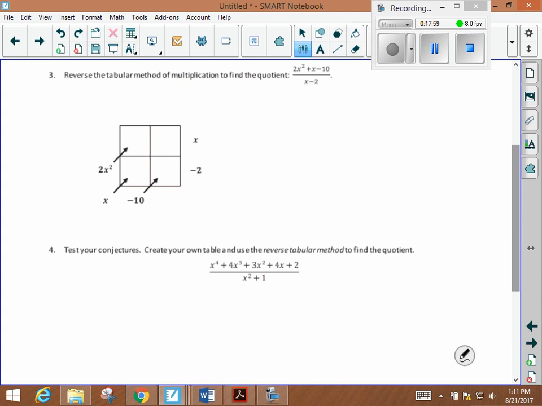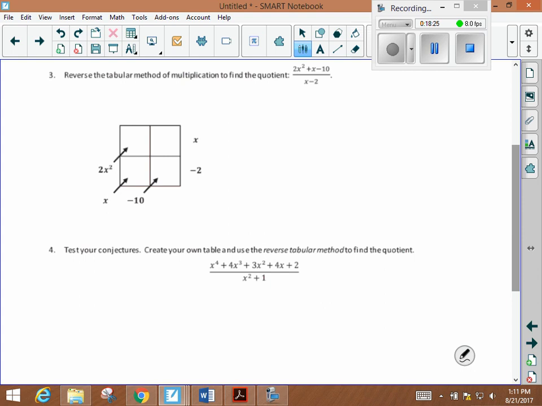All right, so let's do another example. We're going to find this quotient. I'm always going to start by writing my numerator along the outside, and then my denominator, or my divisor, is going to go over there on the right-hand side.